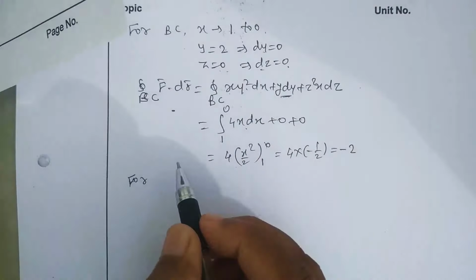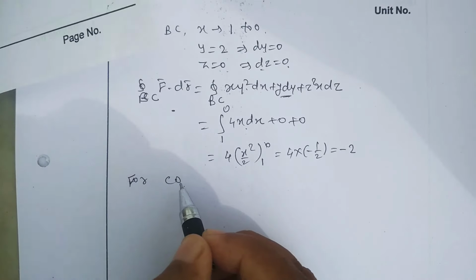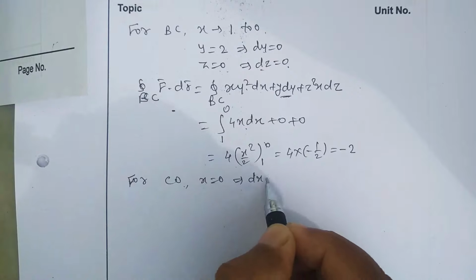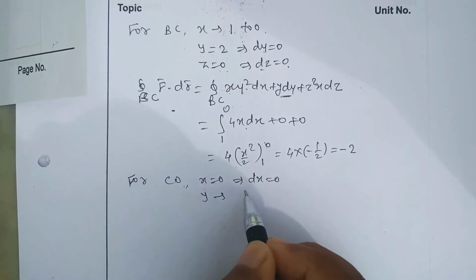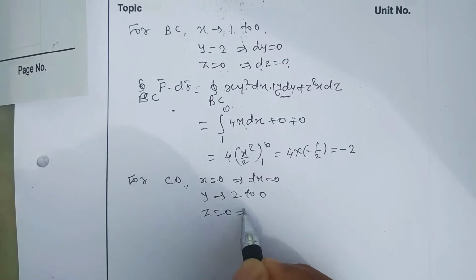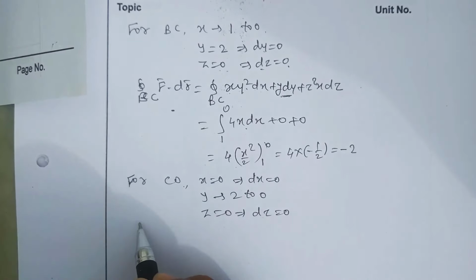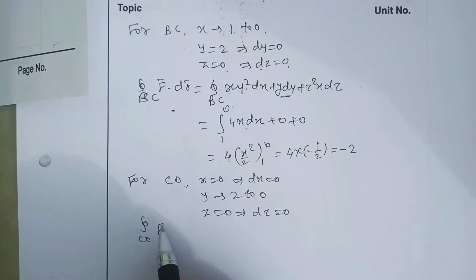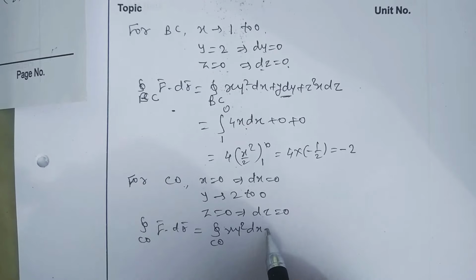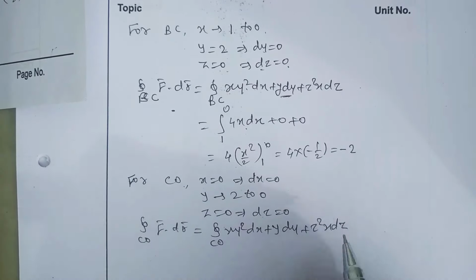So for the line CO, x is equal to 0, this implies dx is also 0, and y varies from 2 to 0. Also z is 0, this implies dz is also 0. Therefore the closed integral over CO of f bar dot dr bar is equal to the closed integral over CO of xy square dx plus y dy plus z square x dz.